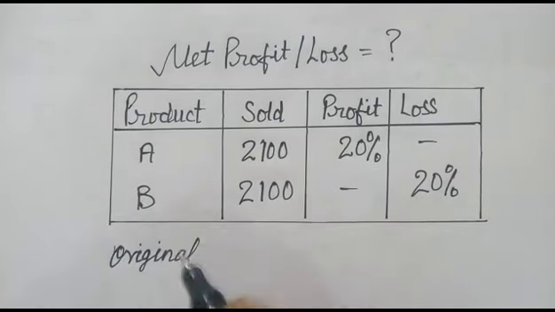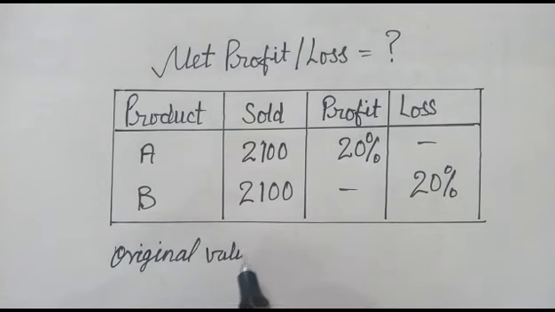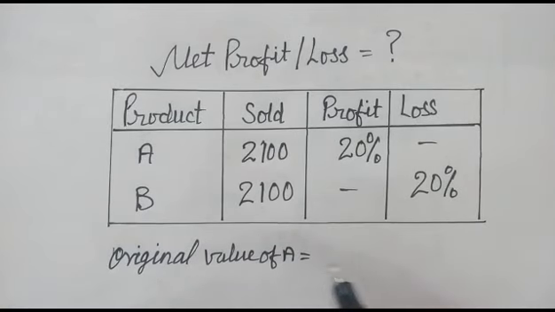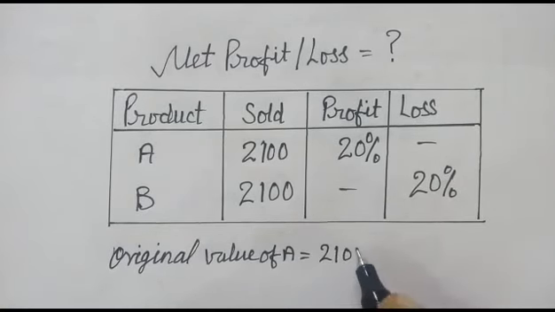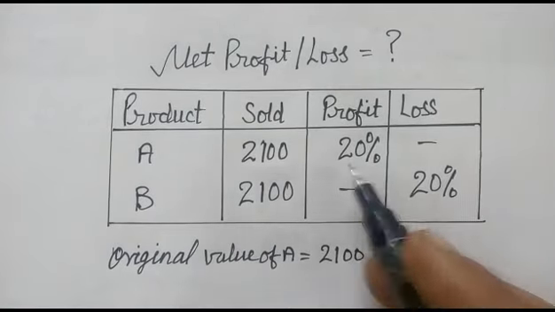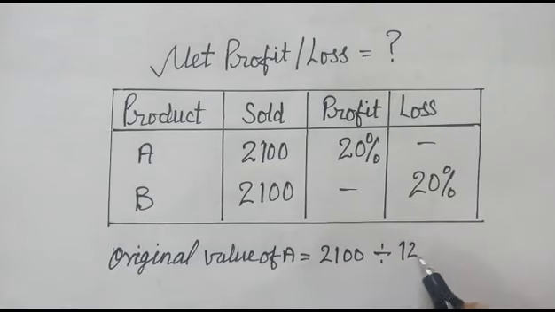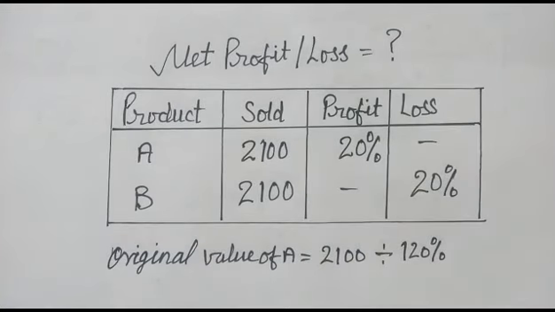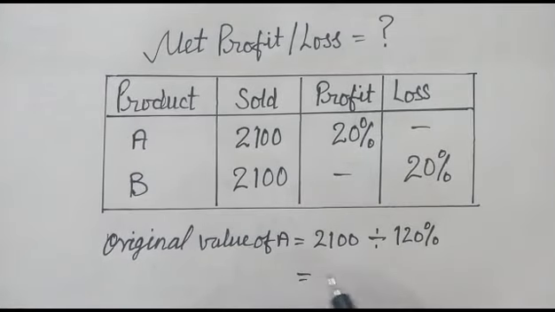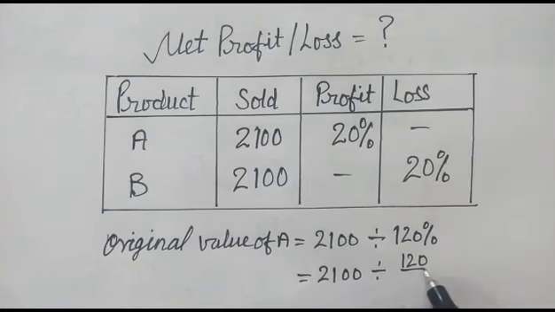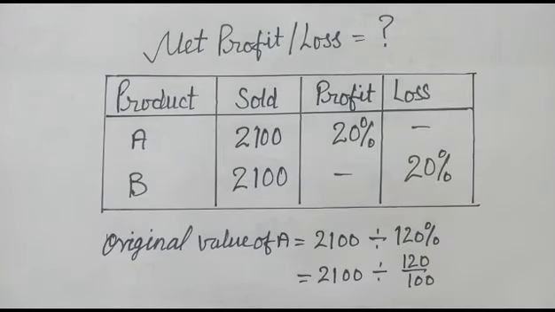Original value of A is equal to 2100 as his selling price, divided by 120%, because here 20% is profit, right? So 2100 divided by 120% can be written as this, right?